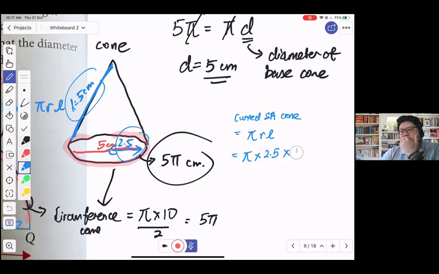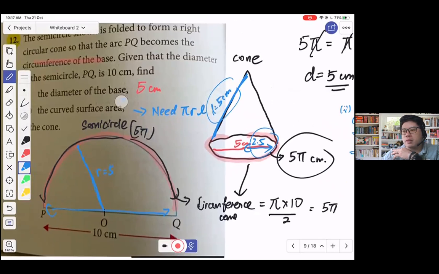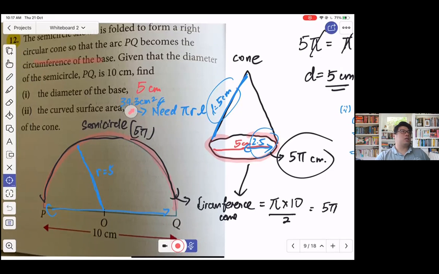The l is 5. And with that, your answer should be about 39.3 cm squared, corrected to 3 significant figures. Okay? So that's the answer for part 2, 39.3. Going back to the question, the answer for part 2, the curved surface area of the cone, would be 39.3.